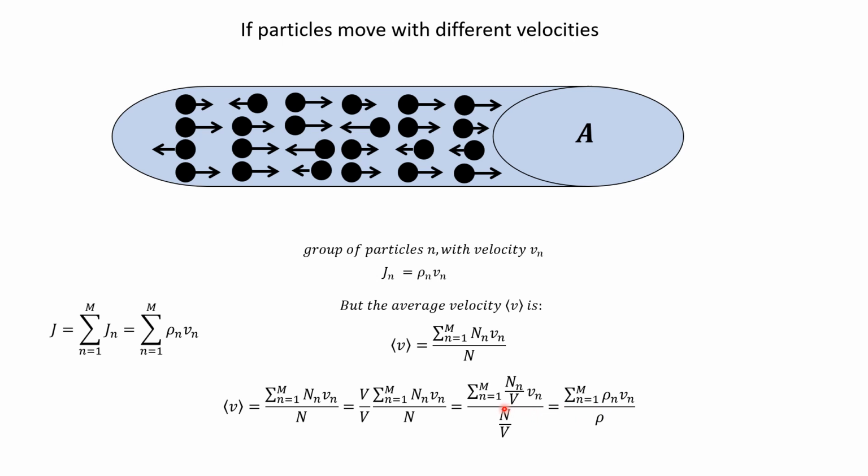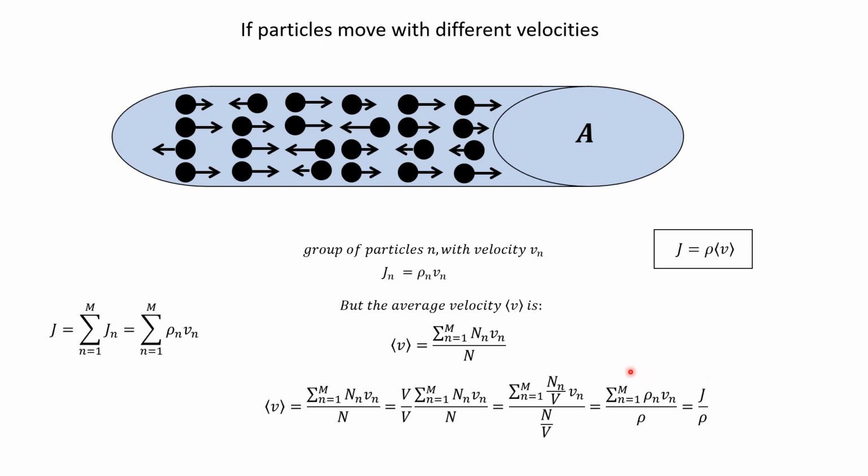So this term is the total concentration. Notice that the term in the numerator coincides with the total current. So this term is the total current density, and from this expression we infer that the current density is given by the concentration times the average velocity.